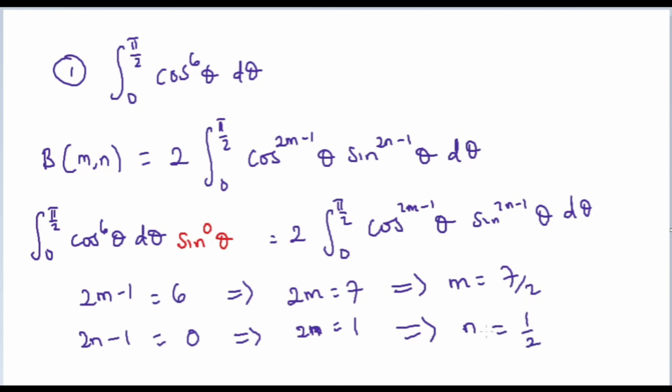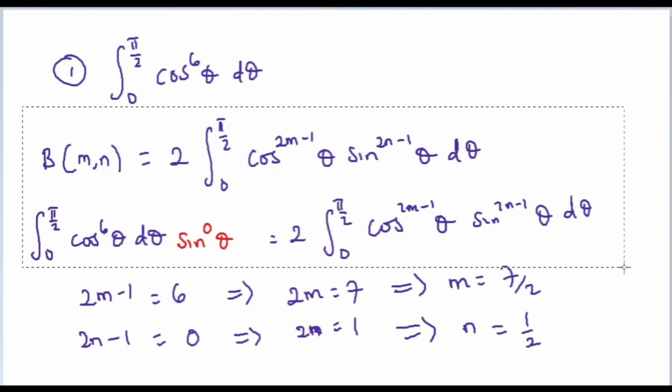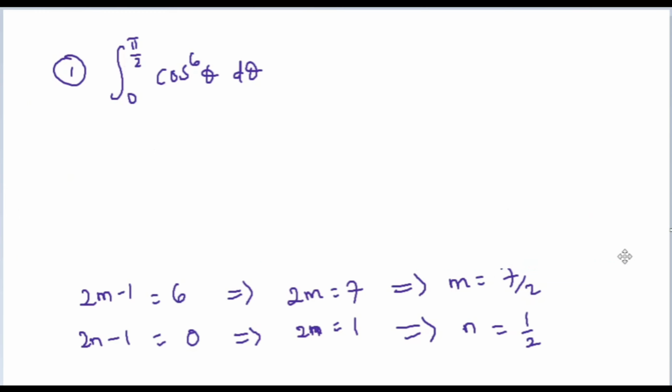So now that I've gotten my values, I can substitute into the main question. Remember I said we are going to bring the 2 to the other side so that we can have a full question. So this can be written as 1 over 2 times the beta of 7 over 2, comma 1 over 2.